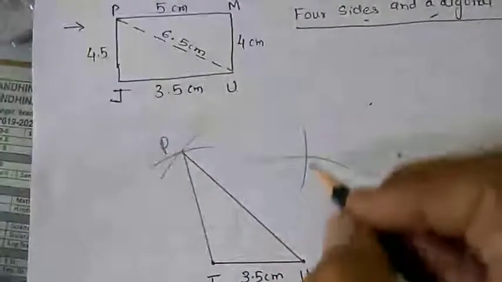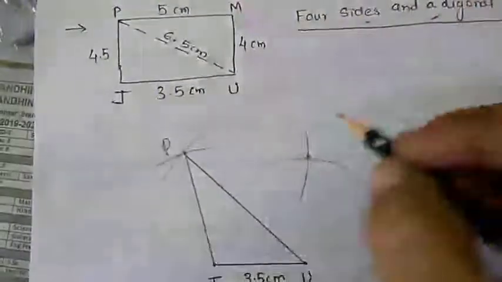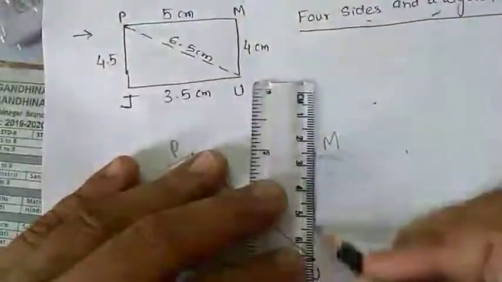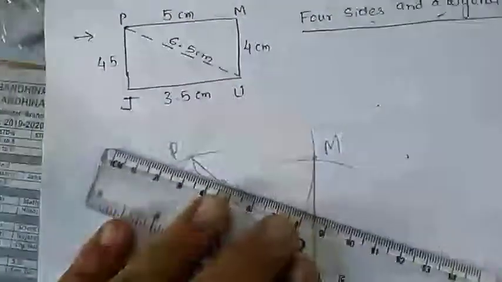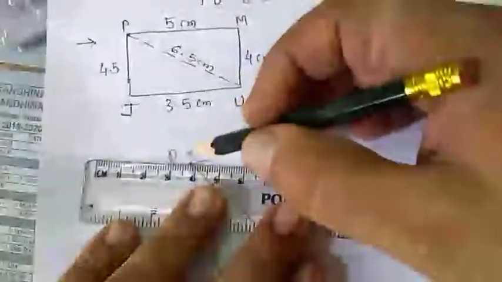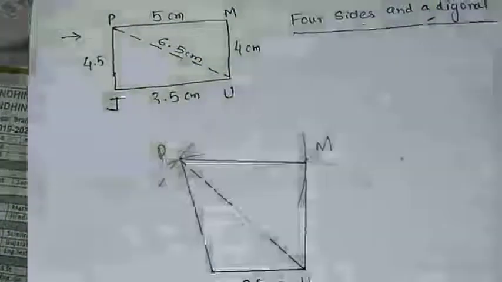So friends, the intersection is already given to you, and the intersecting point is M. With the help of scale, you can join these two and you can complete it.